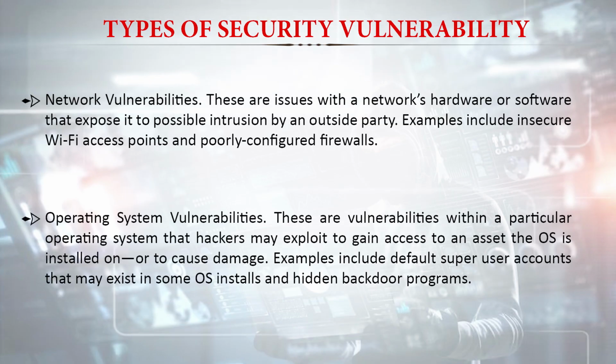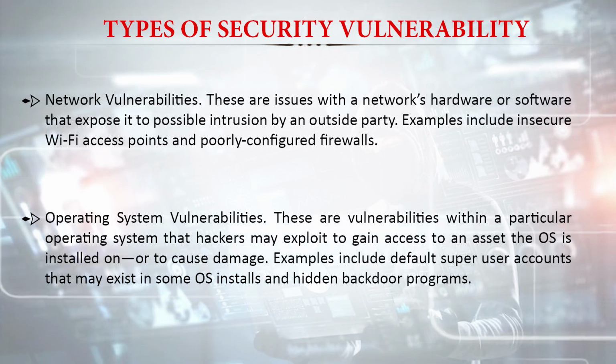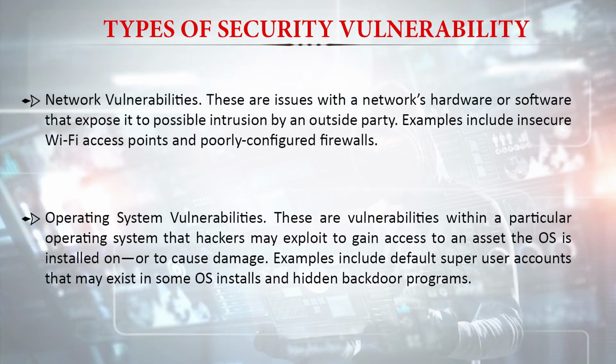And the operating system vulnerability, these are vulnerabilities within a particular operating system that hackers may exploit to gain access to an asset that the OS is installed on, or to cause damage. Examples include default super user accounts that may exist in some operating system installs, and hidden backdoor programs. So these are a few, and one can think of many other components of the operating system which get affected.